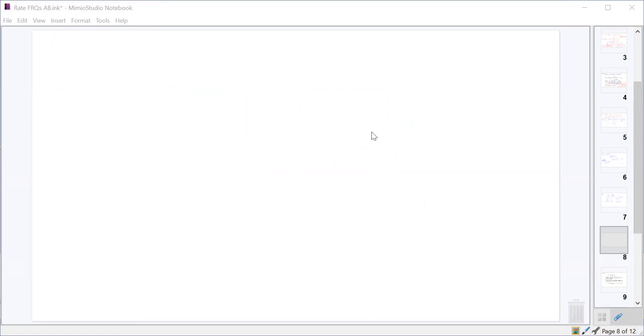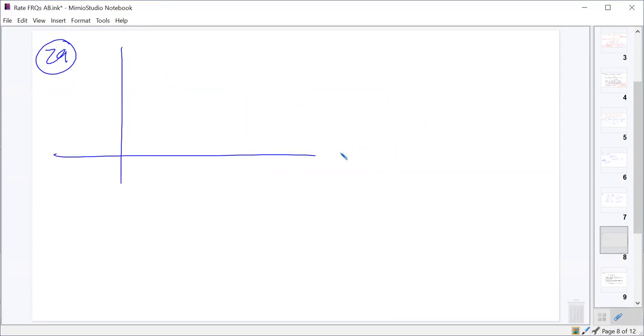All right, next one is 29. Okay, 29 says we got the area of a shaded region in this figure. So here is 1, here's 2 and 3. And this is the function y equals 1 over x, and the shaded region is this region from 1 to 3.